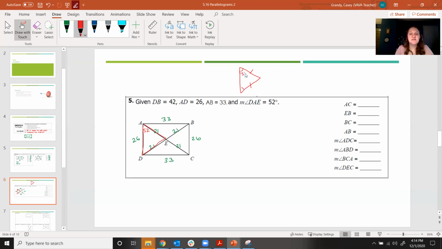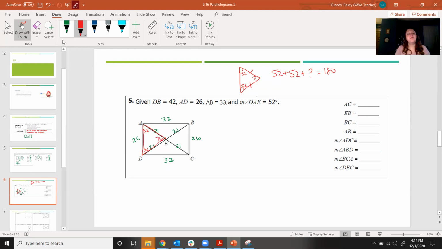So if this is 52, so is the other base angle. If I know two angles in a triangle, I can find the third, because the three angles in a triangle have to add to 180. So I can do 180 minus 52 minus 52, or if you have another way, that's fine too. But this missing angle is 76.